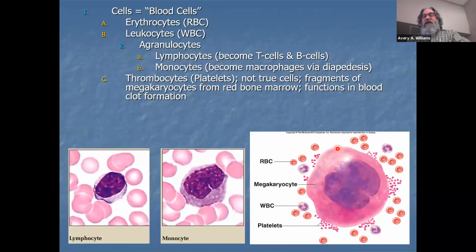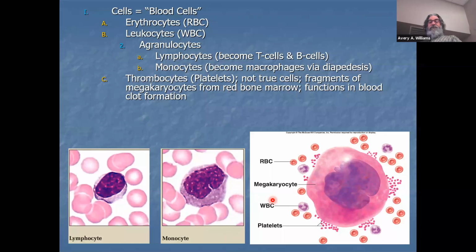This is a megakaryocyte. A megakaryocyte, of course, is a cell that forms from the red bone marrow, and it's destined just to fragment and exist as fragments or platelets in circulation. And of course, it's instrumental in blood clot formation. And that's a whole series of events that takes place to forming blood clots. And again, that's another topic for physiology and beyond the scope of this course.